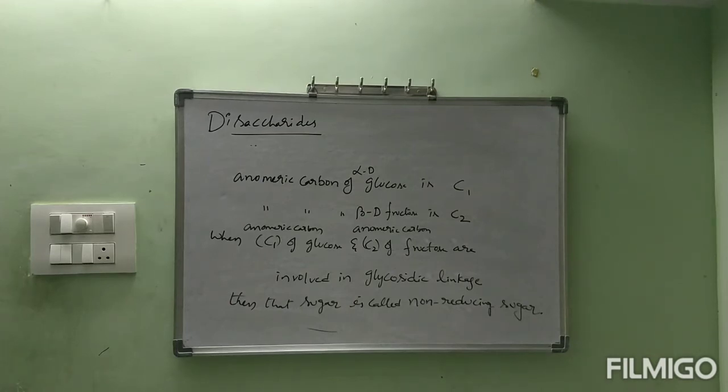When C1 of glucose and C2 of fructose are involved in the glycosidic linkage, the sugar is called a non-reducing sugar. So you can write this point under notes for sucrose. Sucrose is a non-reducing sugar. The monomers of sucrose are alpha D plus glucose and beta D minus fructose. The carbons involved in the glycosidic linkage, importantly note down, are C1 of glucose and C2 of fructose, which are nothing but the anomeric carbons.